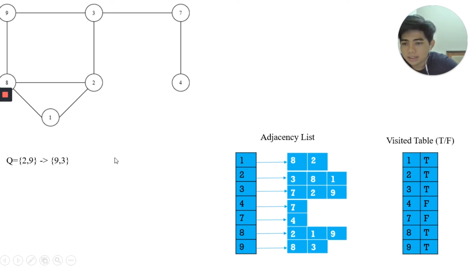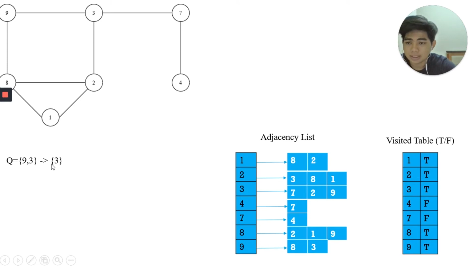Then we dequeue 2 and enqueue its unvisited neighbor, which is 3, and we put the value T for 3 in the visited table. After that, we dequeue 9, and we will enqueue its neighboring vertices.